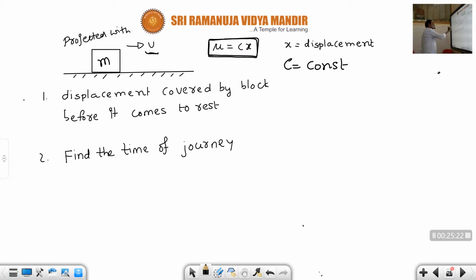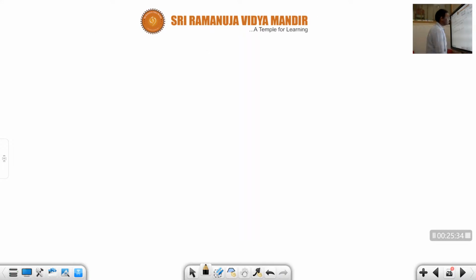Now question number 1. What does question number 1 ask? The displacement covered by the block before it comes to rest. This is the question. In that situation, if you want to find it, consider this block.